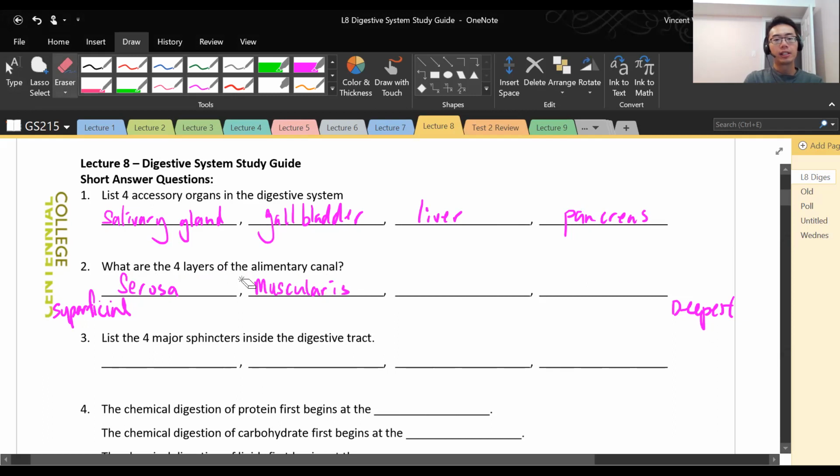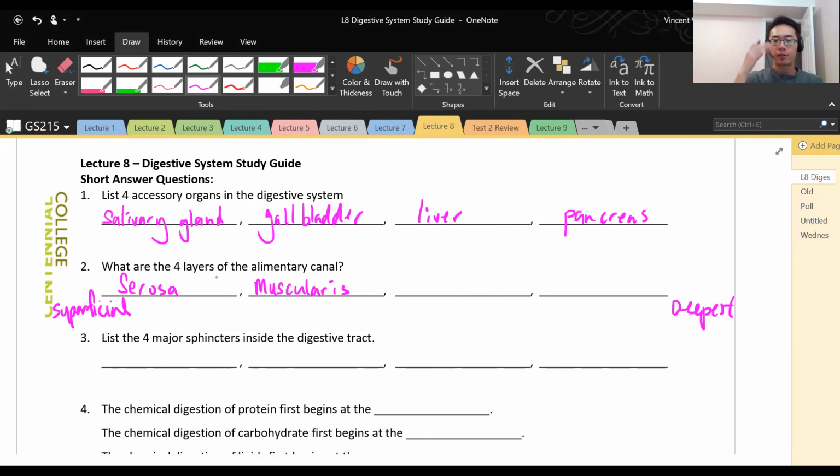This is the layer that is going to have the smooth muscles. Smooth muscles are muscles that we do not have voluntary control over, and it's under the control of the ANS, your autonomic nervous system, and because this is related to the digestive system, it is going to be controlled by the parasympathetic system.